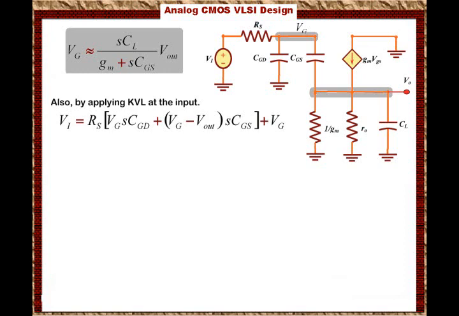I already know VG in terms of Vout, so I can do the substitution for VG and then solve for Vout over VI.